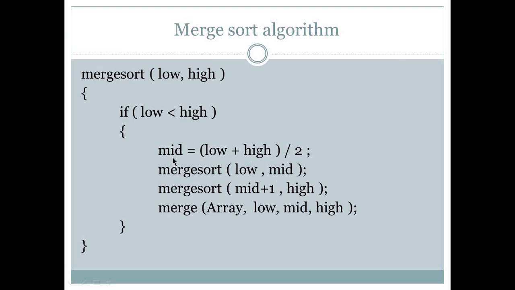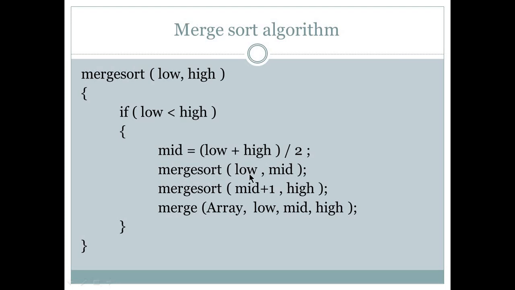So if our list has 12 elements, then 1 plus 12 is equal to 13 divided by 2, so the first list will be 1 to 6 and the second list will be 7 to 12. On both of those lists we will perform our merge sort algorithm.